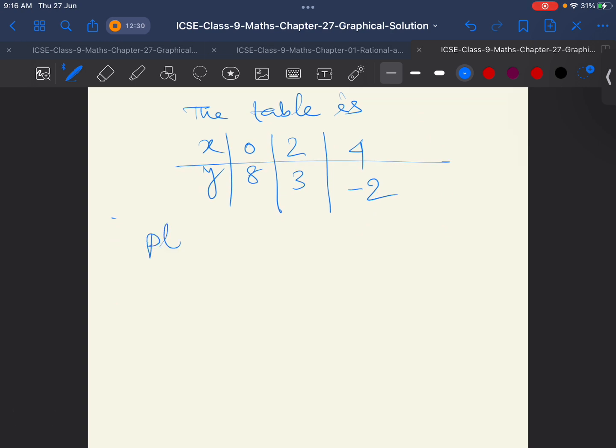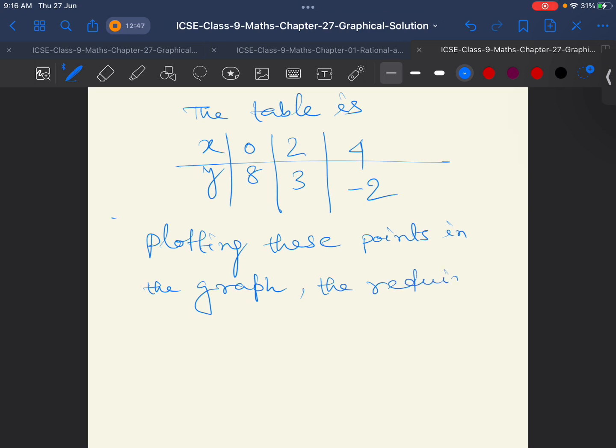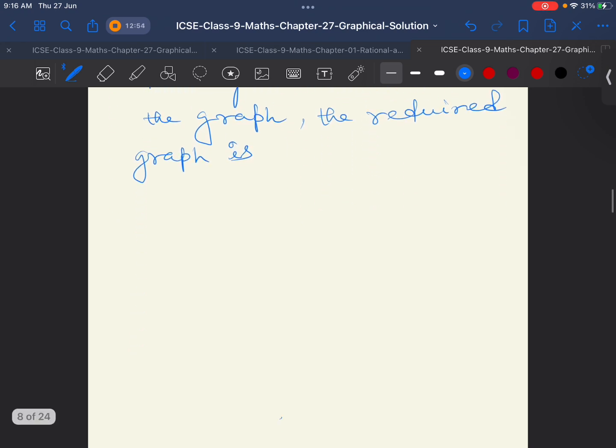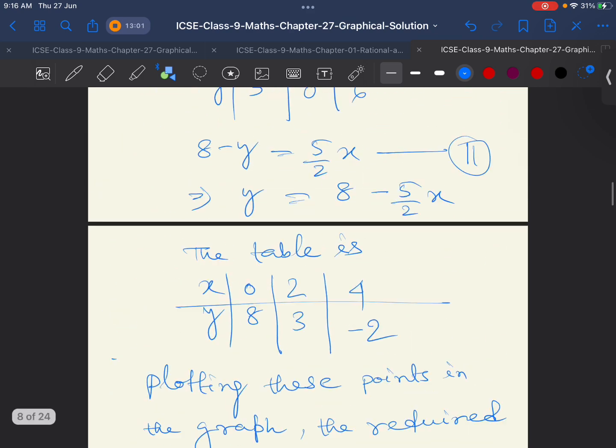So plotting these points in the graph, the required graph is, now we draw the x and y axes.